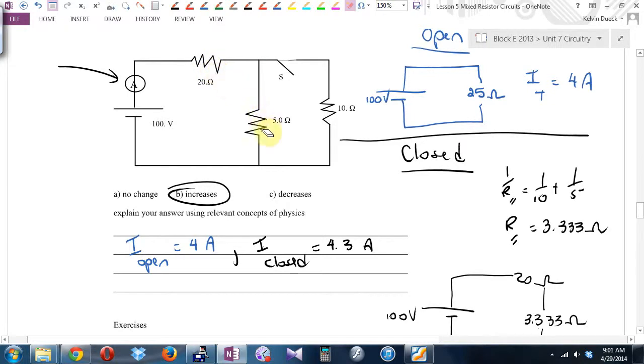This bulb would get dimmer because now it's splitting current with that bulb. Remember, power is V times I, or I squared R, or V squared over R. This one would light up for the first time because right now there's no current going through it at all. And these are some of the using principles of physics questions I can ask.